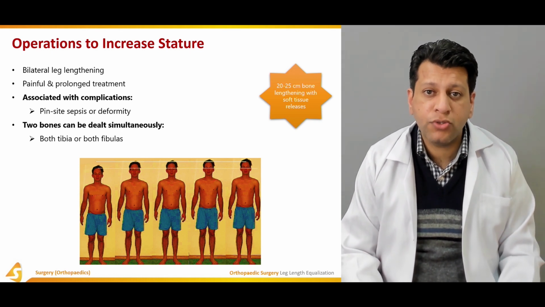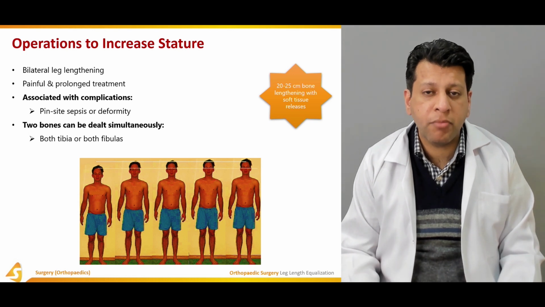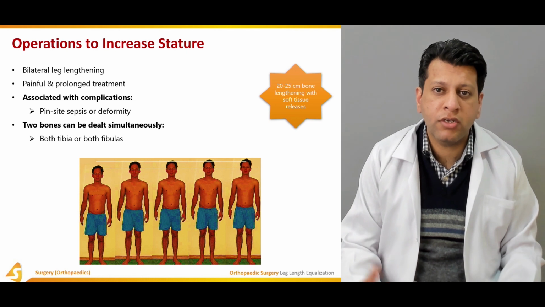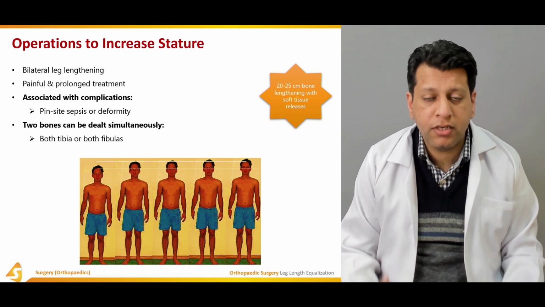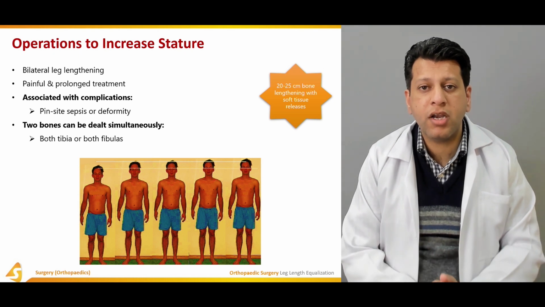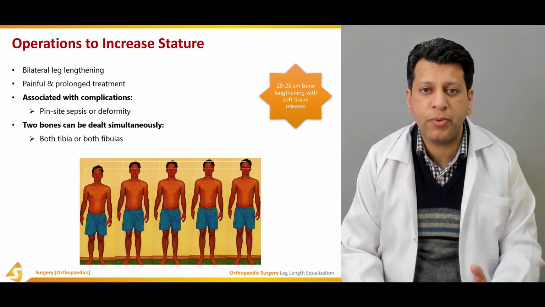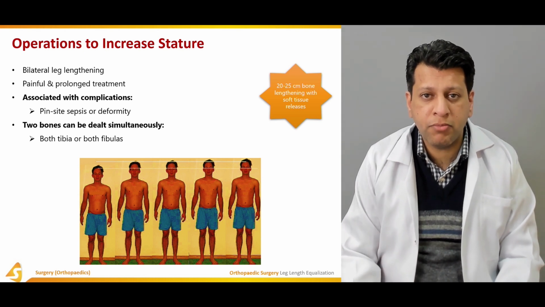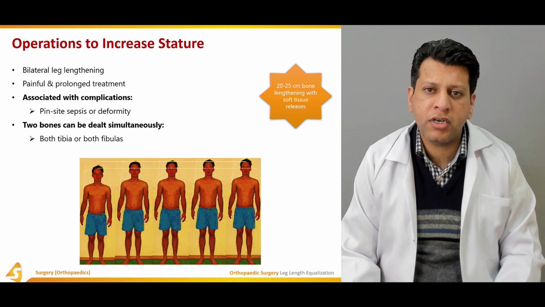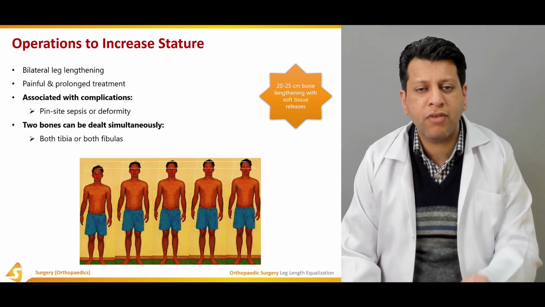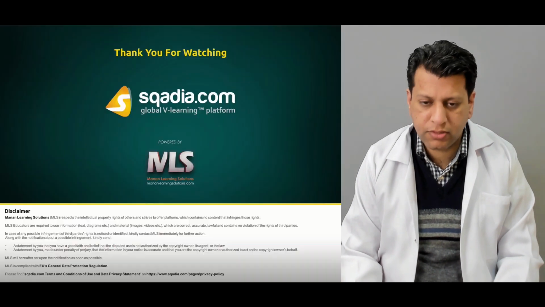Therefore, in that case, usually the best option is to amputate the limb and give the child or patient a good fitting prosthesis so he or she is able to walk properly. We need to remember there's an upper limit, and anything above 20 is highly impossible to equalize. So usually above 20-25 centimeters, the first step is to go for amputation and give the patient a good fitting prosthesis.